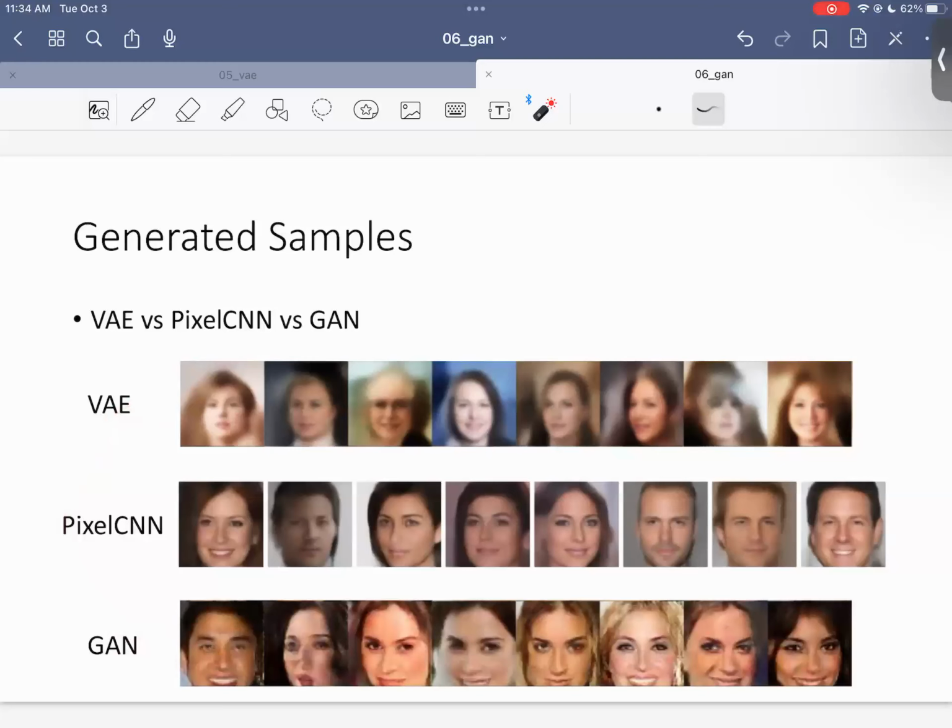The reconstruction loss is an MSE, a mean squared error, so it gives you a blurry image that hits the middle, the average, all the time. It gives you a very blurry, averaged out image, as opposed to GAN, which is super sharp.